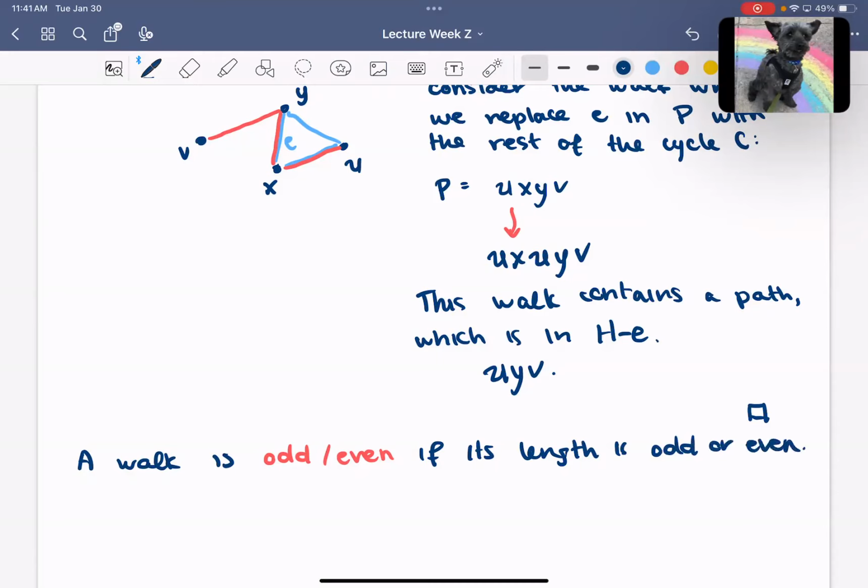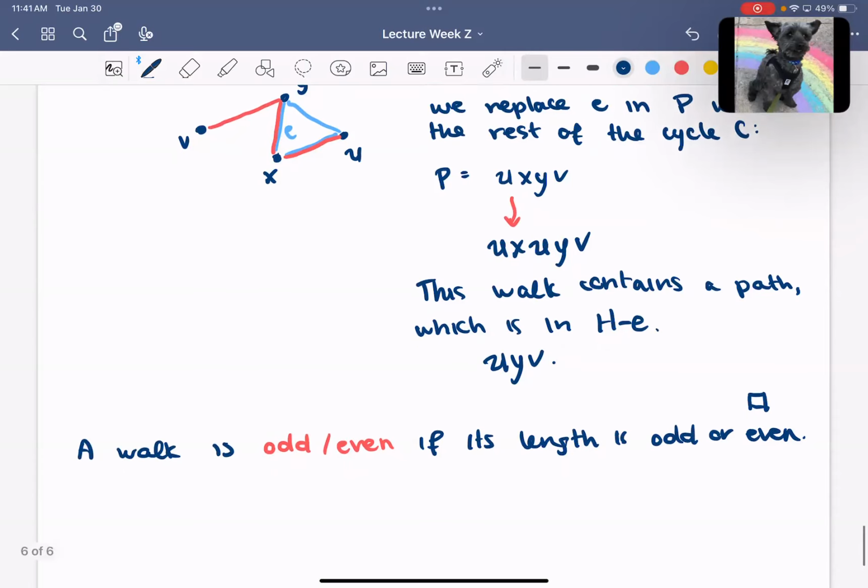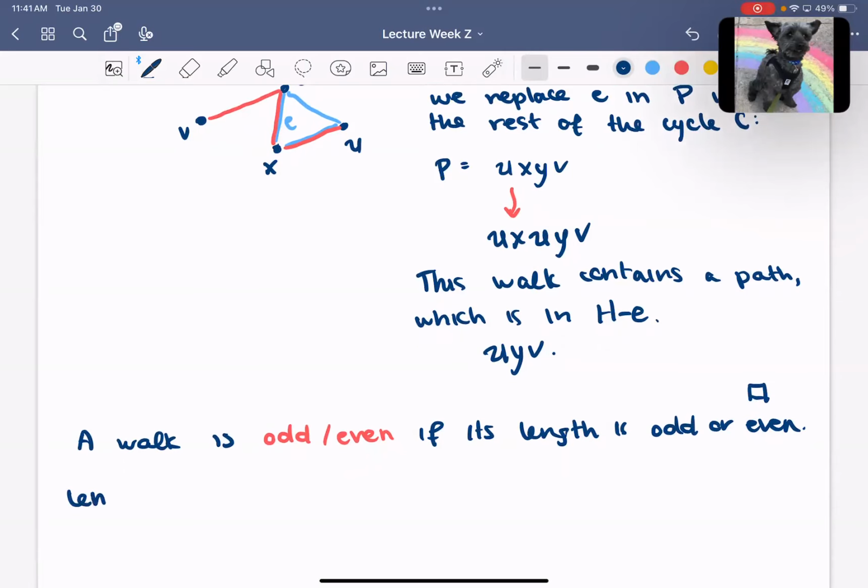Okay, so if the walk has odd length, then we'll say it's an odd walk. Okay, and here's a lemma that we'll use next time. The lemma says that every closed odd walk contains an odd cycle.